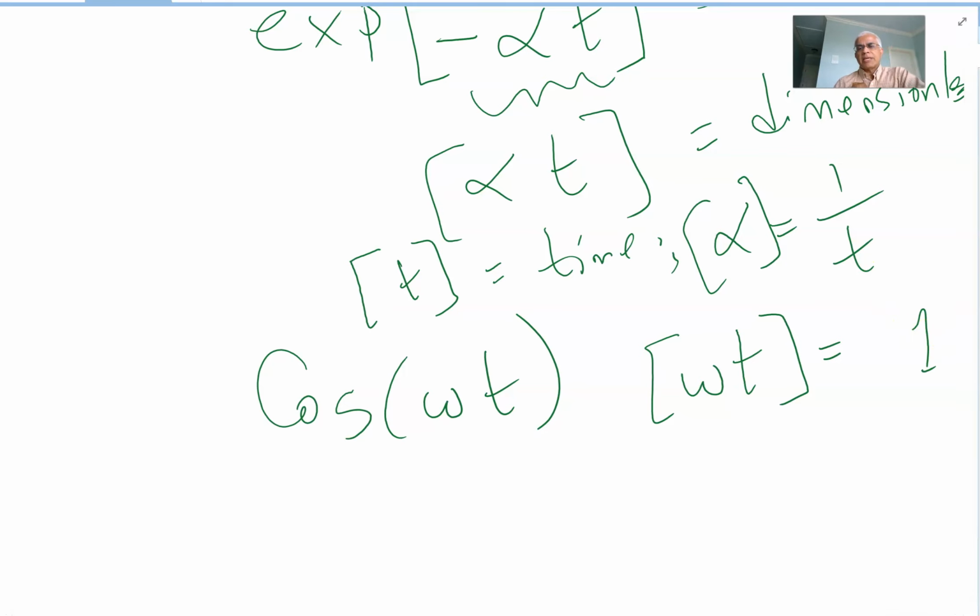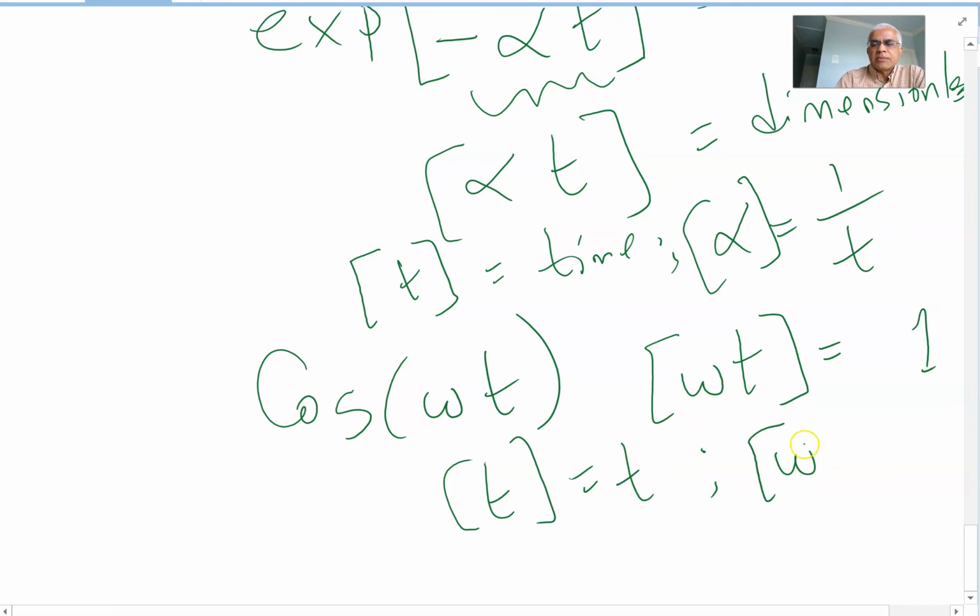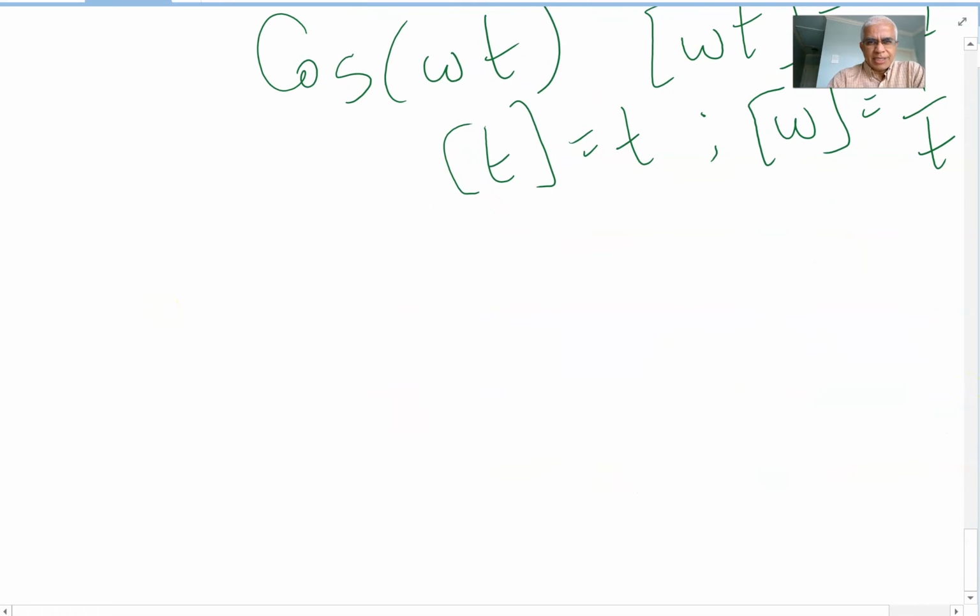So the way to think about that is I would write that as omega t dimensions equals 1. So if t, for instance, is time, then this implies the dimensions of omega have to be 1 over time. Okay, so omega may have a term like frequency or something, t is time.